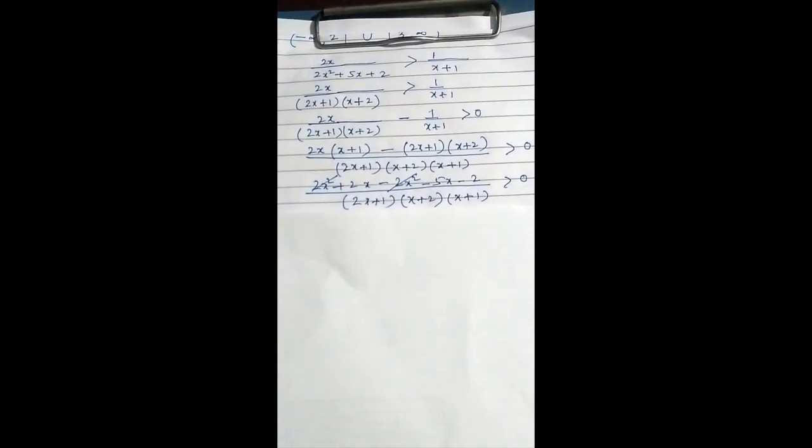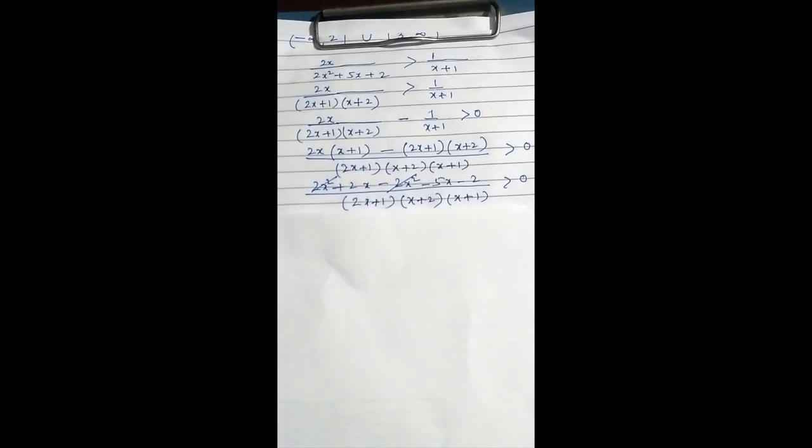I have shifted everything on the left and the right is only greater than 0. Then I am solving it just like simple algebraic fractions by taking the LCM, and I get, when I simplify by multiplying, 2x square plus 2x minus 2x square minus 5x minus 2 whole upon 2x plus 1 times x plus 2 times x plus 1 being greater than 0.